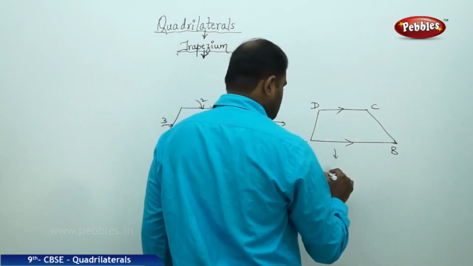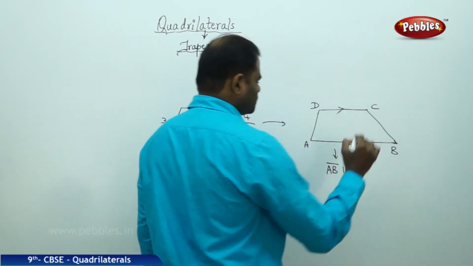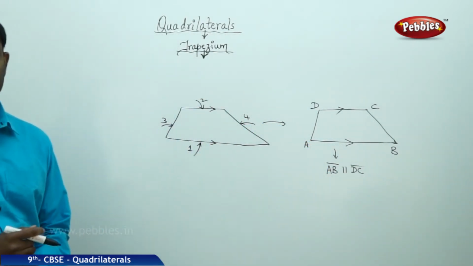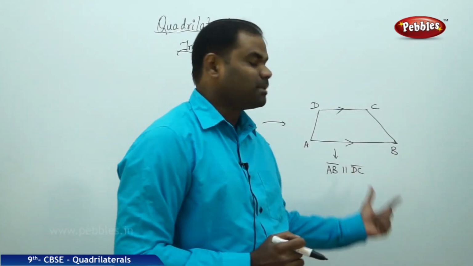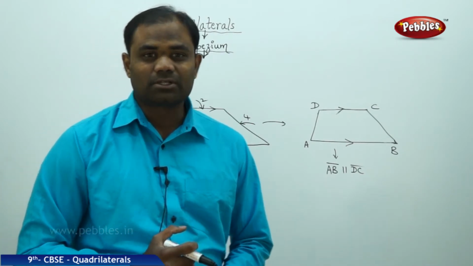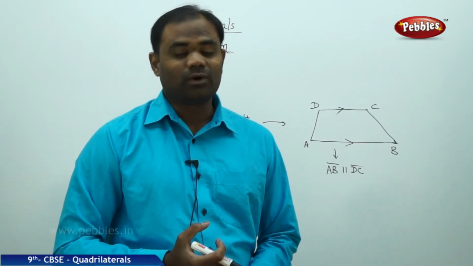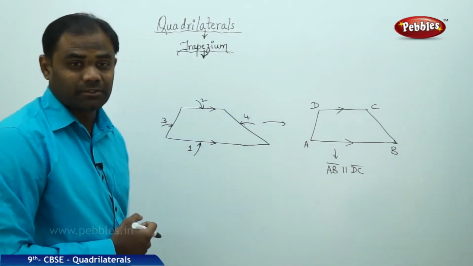So in this case, the line segment AB is parallel to the line segment DC. Such a quadrilateral in which one pair is parallel is called a trapezium. A trapezium is a quadrilateral in which one pair of sides is parallel. Let's take the definition in words.